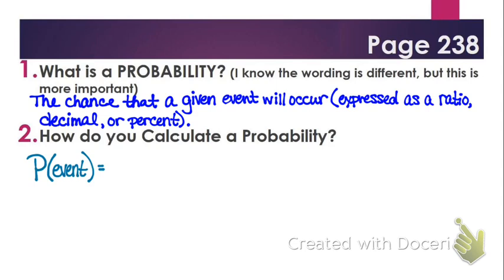We usually set this up as a ratio or as a proportion. And up on top of our proportion, we have all the ways that the event can occur.